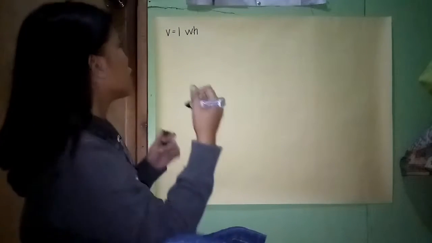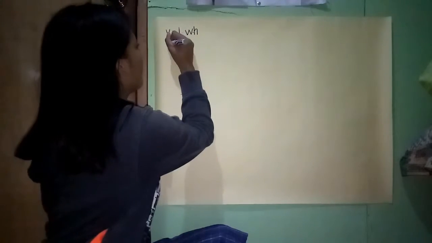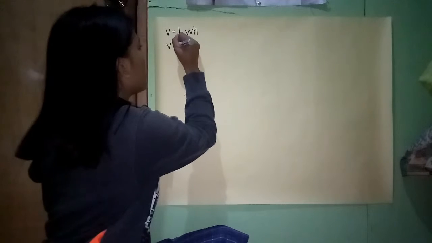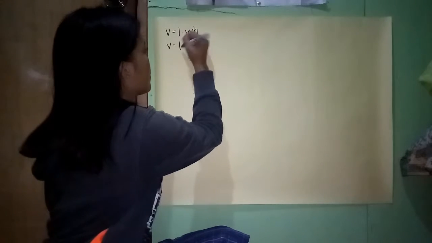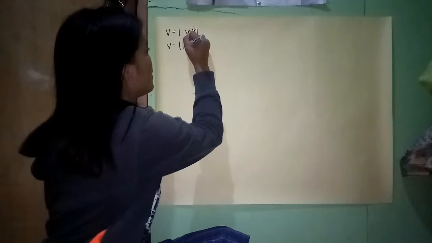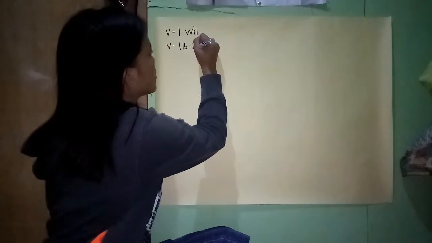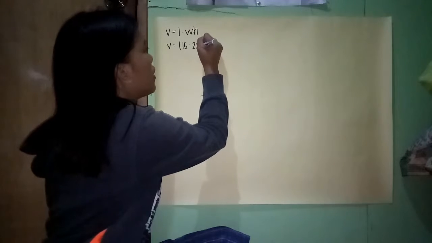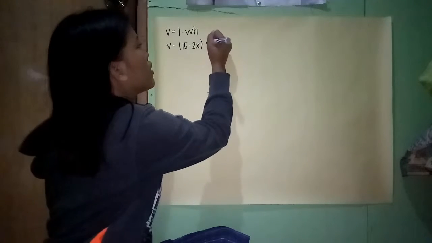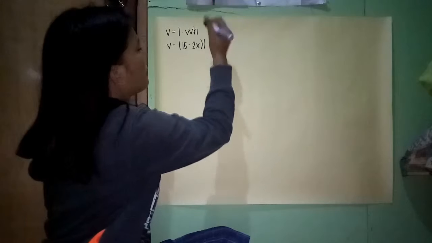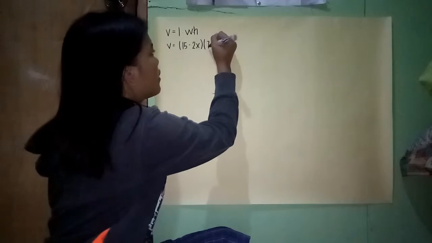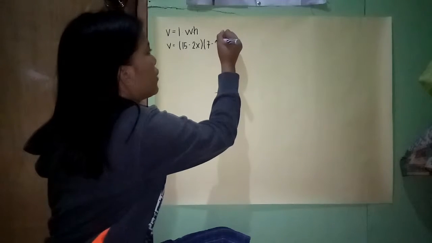Substitute our values into our formula. Since our length is going to be 15 minus 2x, and our width is going to be 7 minus 2x.